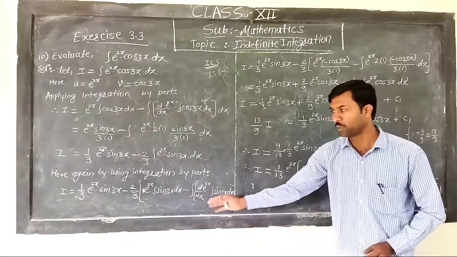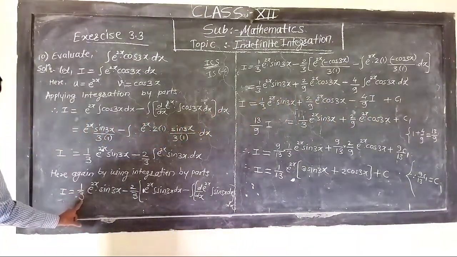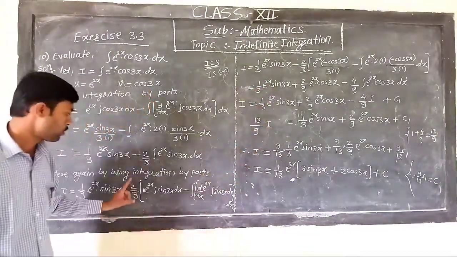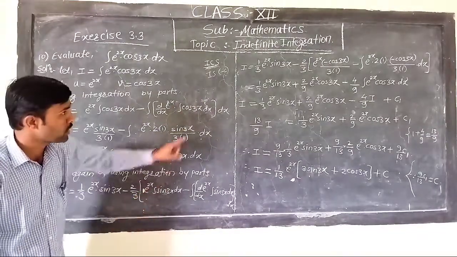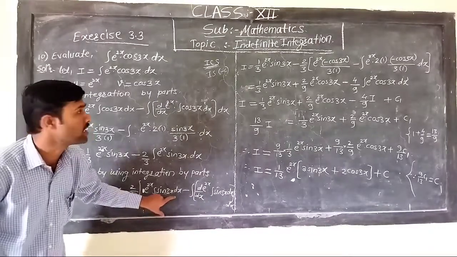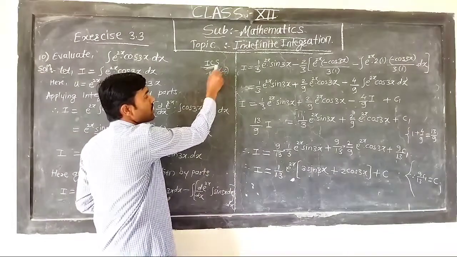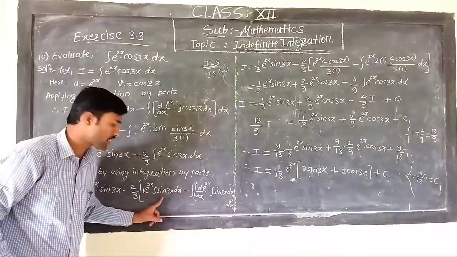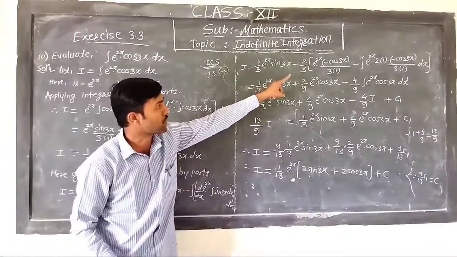Now friends, after solving this term, we will get 1 upon 3 into e raised to 2x into sin 3x remains as it is, minus 2 upon 3 into bracket. Now after solving this term, e raised to 2x will remain as it is. Now here is integration of sin 3x dx. I have told you that we have to keep in mind the sequence ICS: if there is integration of cos, it will be plus sign, but it is not integration of cos, it is integration of sin, so its answer will be minus cos.